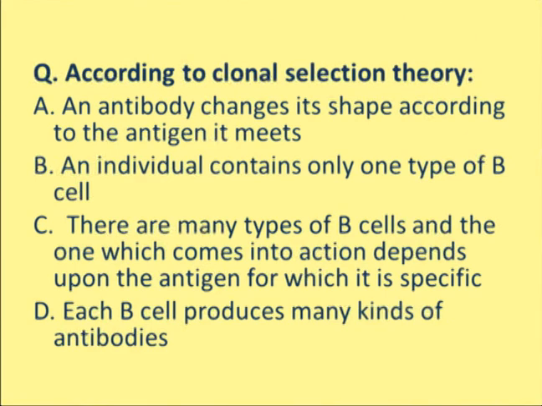The question says, according to clonal selection theory, option A, an antibody changes its shape according to the antigen it meets. Option B, an individual contains only one type of B cells. Option C, there are many types of B cells, and the one which comes into action depends upon the antigen for which it is specific. Option D, each B cell produces many kinds of antibodies.